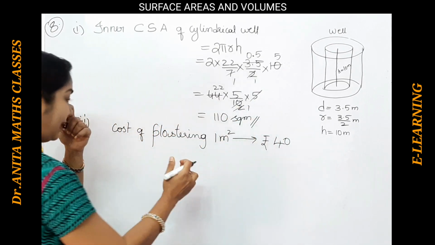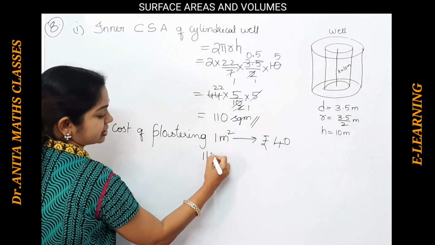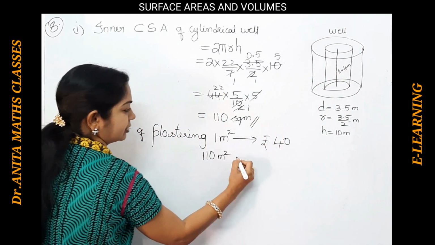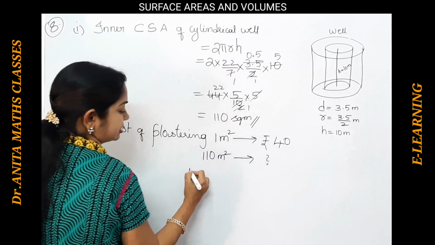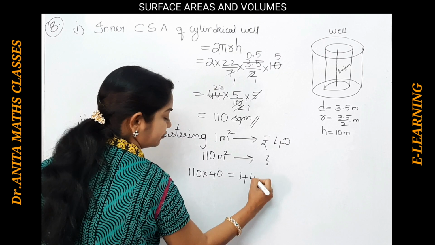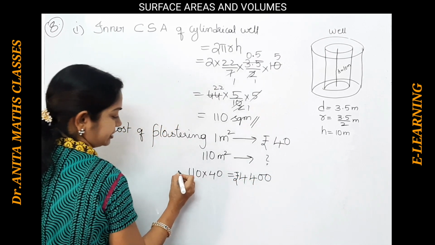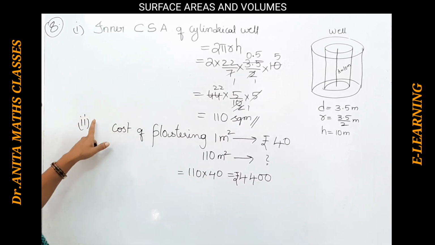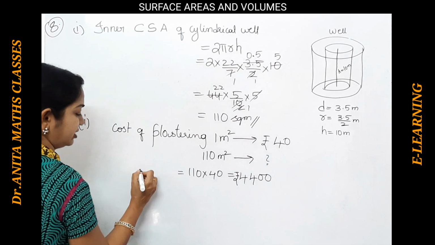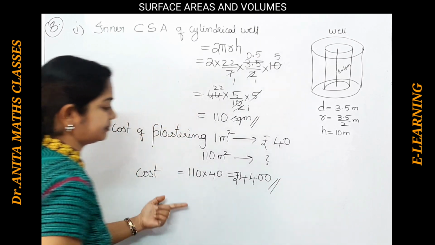We have to plaster the inner curved surface area, which we got as 110 square meters. So how many rupees? This comes to 110 into 40, which is clearly 4,400. So the cost of plastering is 4,400 rupees. Pause the video and note it down.